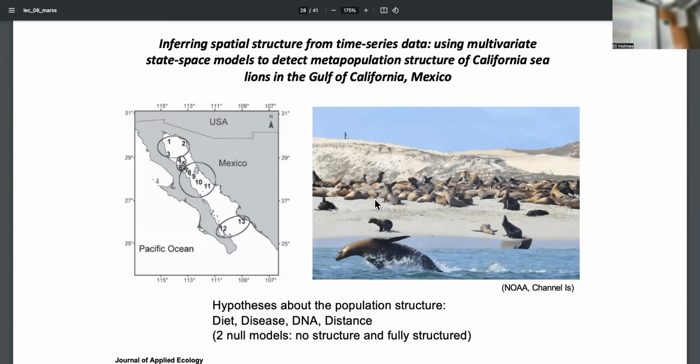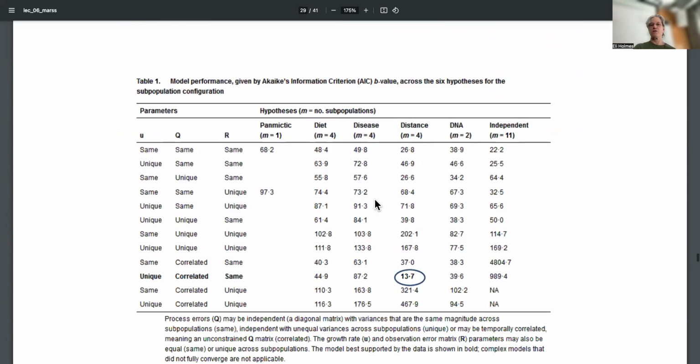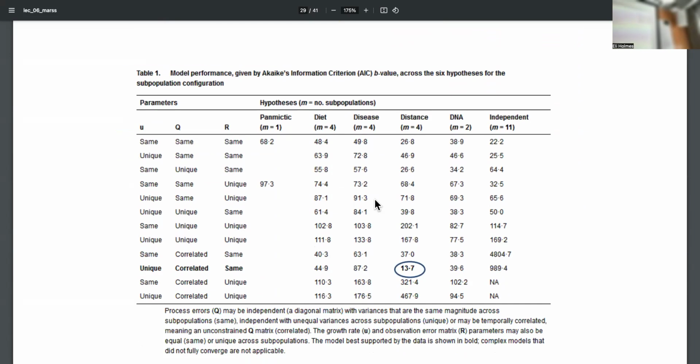Well, then for the disease one, they had samples of where disease outbreaks were happening. And they had a different clustering. And then they also had information about how the animals were moving between the rookeries. So they had a different collection for their DNA hypothesis. So these hypotheses are basically different Z matrices.